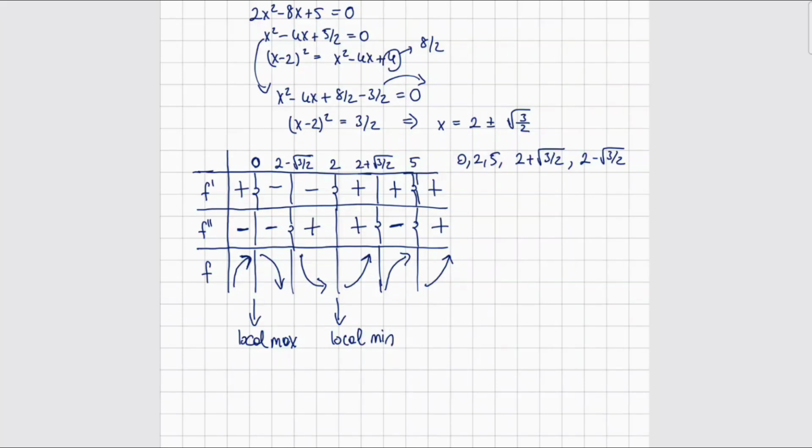The places where the concavity flips are inflection points. Like here, 2 minus root 3 over 2 is an inflection point, and also 2 plus root 3 over 2 is an inflection point. And also the point where x is equal to 5 is an inflection point where the tangent line is perfectly horizontal.